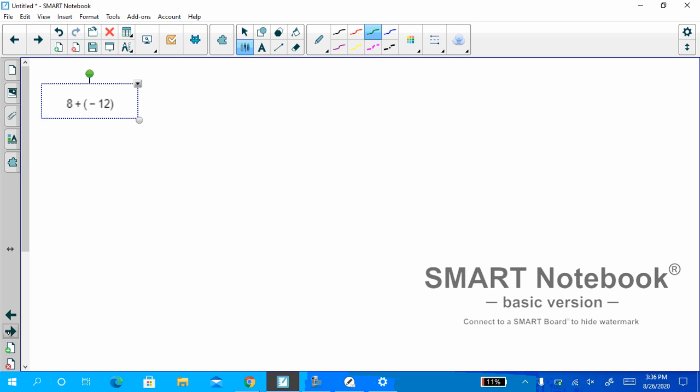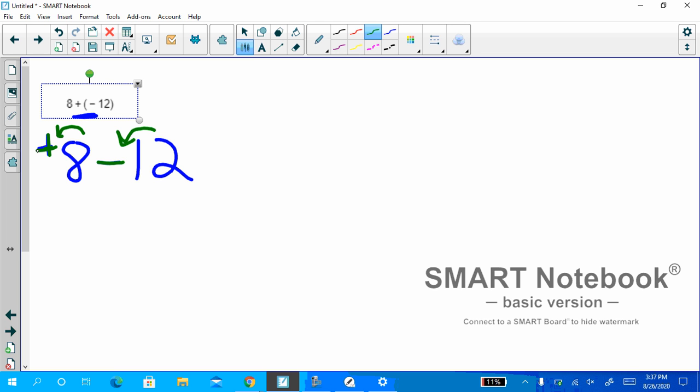Now in this one, the 8 out front doesn't have a sign, so it's understood to be positive. We have a double sign, plus a minus makes a minus. And notice these two digits have different signs. The sign in front of the 12 is negative. The sign in front of the 8 is positive.